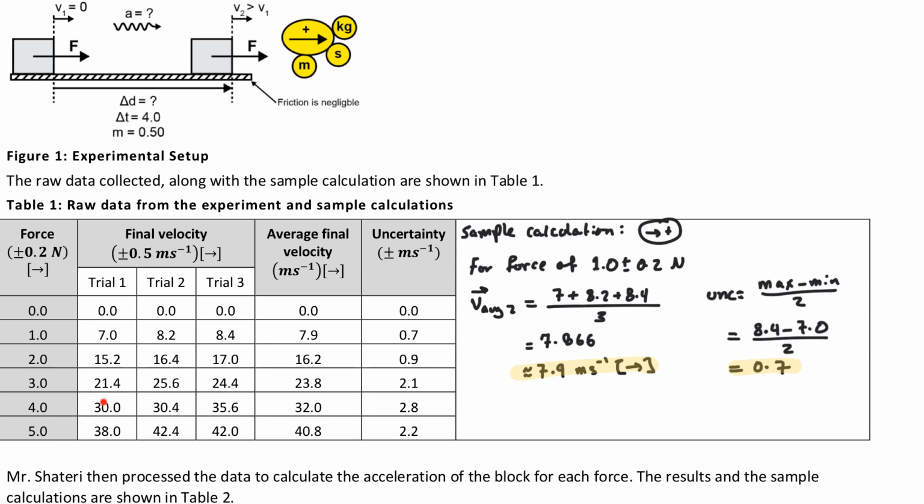And if I had just gotten one value, and if I didn't repeat the experiment, I would have to choose the value of 30. But after taking a few, I realized that my average is 32, and I realized that my uncertainty is pretty high too. This is a much higher uncertainty than my original one. So repeating the experiment does help me get a better gauge about the uncertainty of my work.